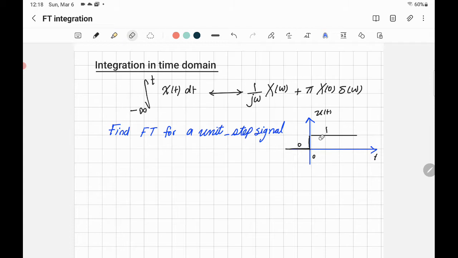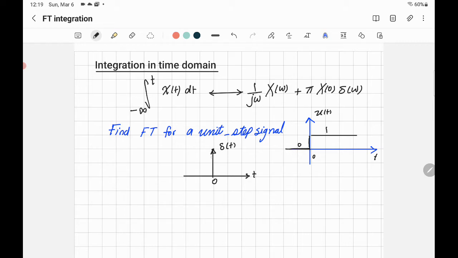What is the resulting signal when I differentiate the unit step? Well, it will obviously be an impulse, and at 0, because here is the change. So at 0, you will have a unit impulse, delta t.